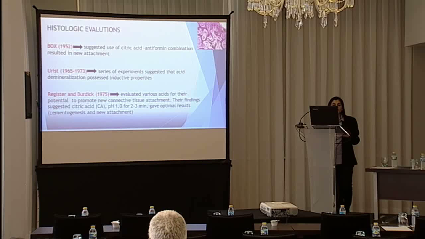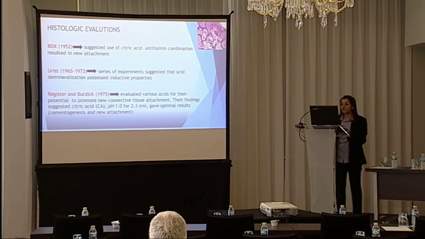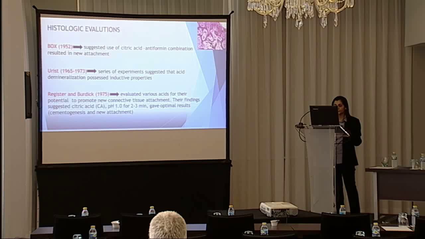A series of experiments done by Urist suggested that acid demineralization possessed inductive properties. Register and Burdick evaluated various acids for the potential to promote new connective tissue attachment. Their findings suggested that citric acid for 2 to 3 minutes gave optimum results like cementogenesis and formation of new attachment.